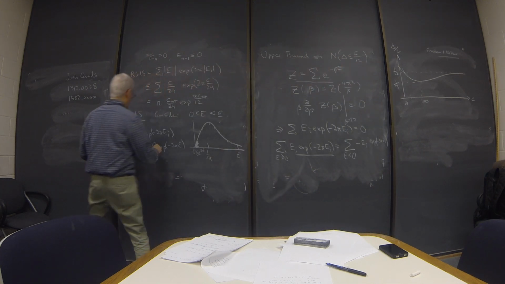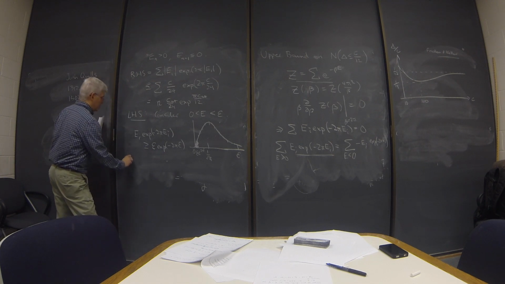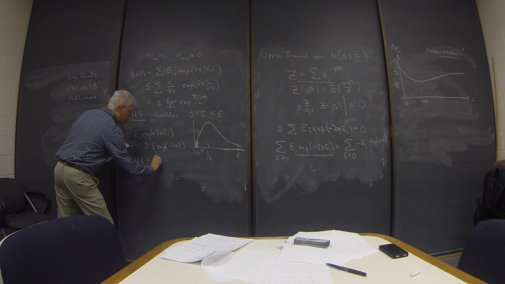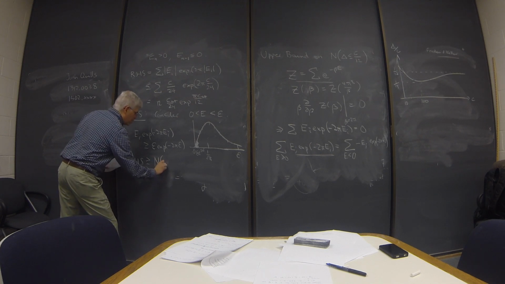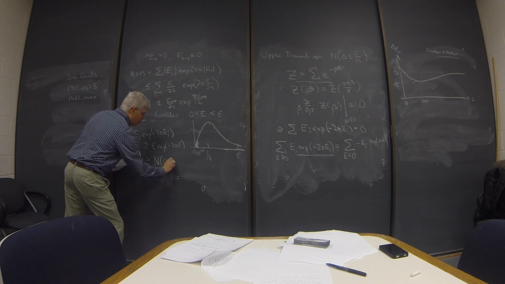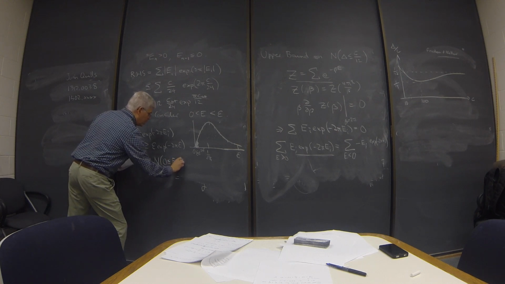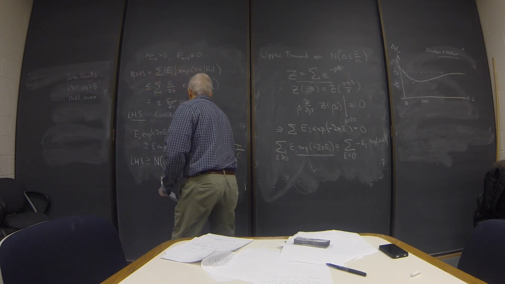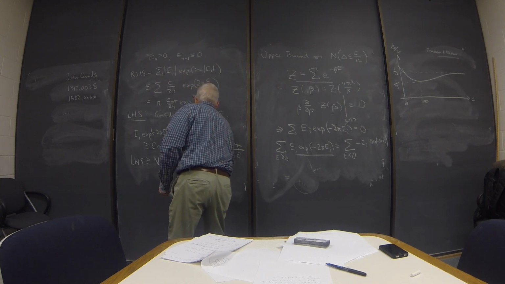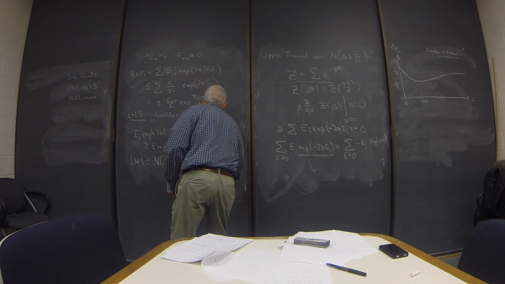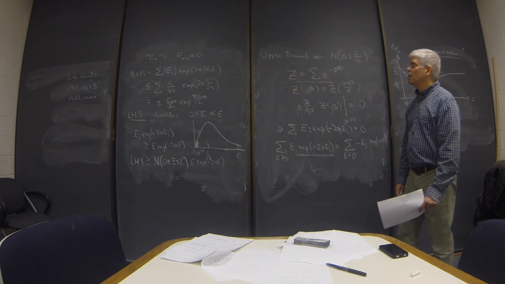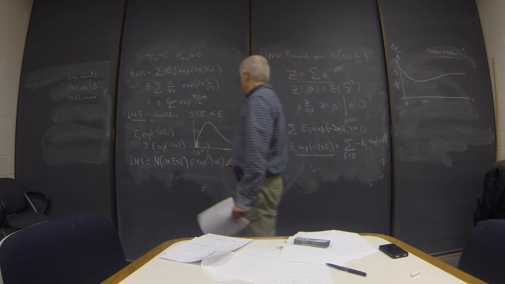So what I'm going to say then is that the left-hand side is greater than or equal to the total number of states with energy between 0 and curly E times this minimum possible value for each term in the sum. Okay?